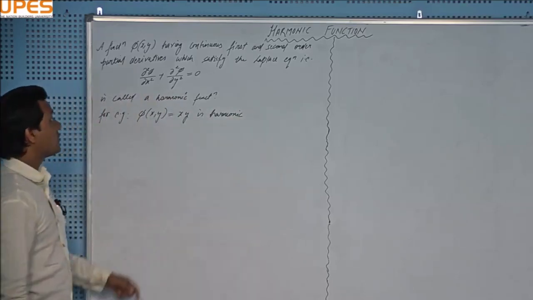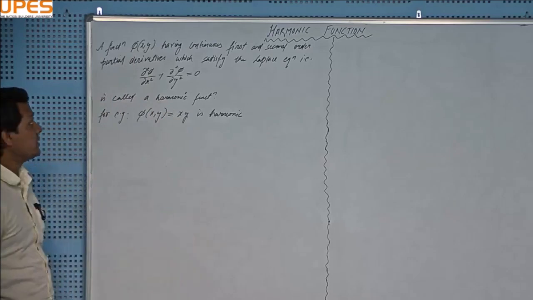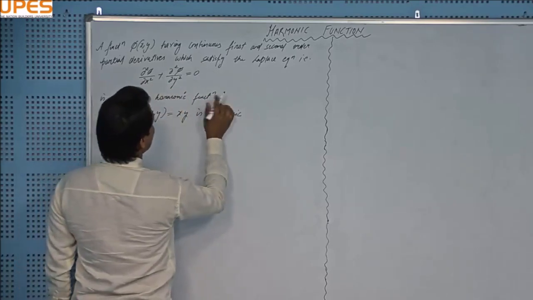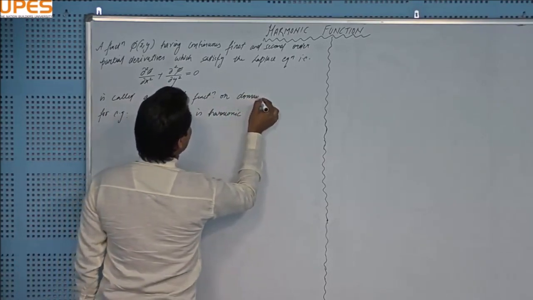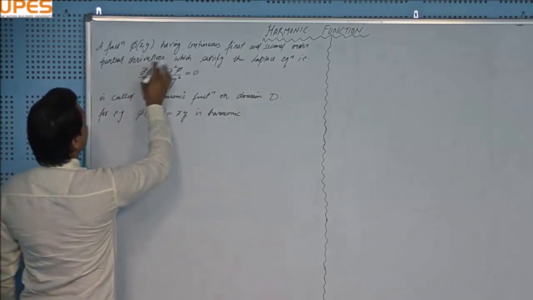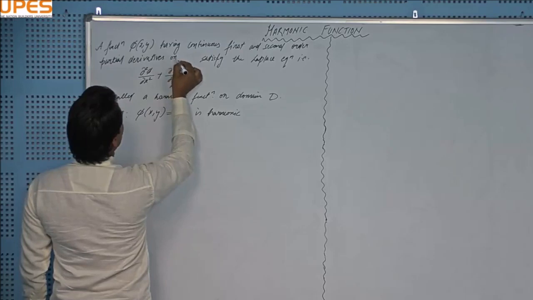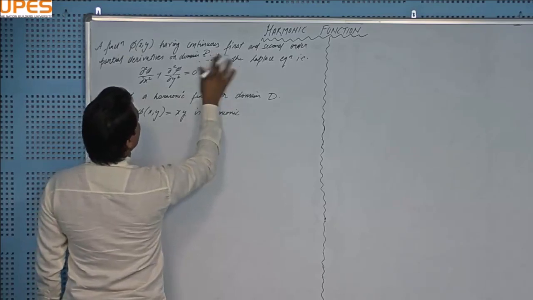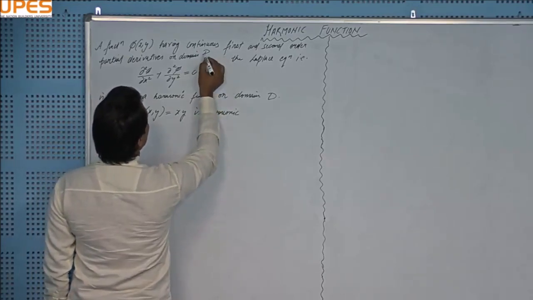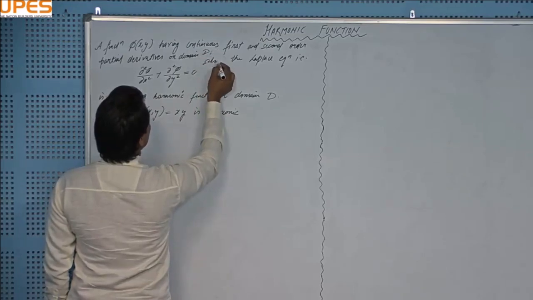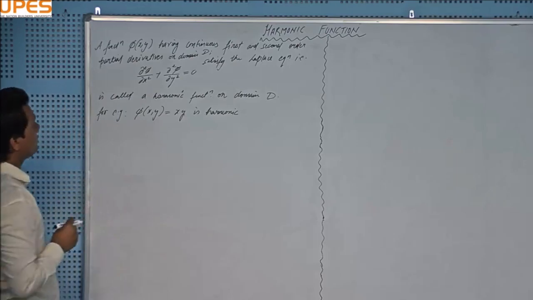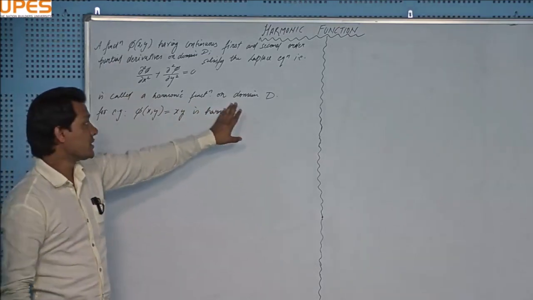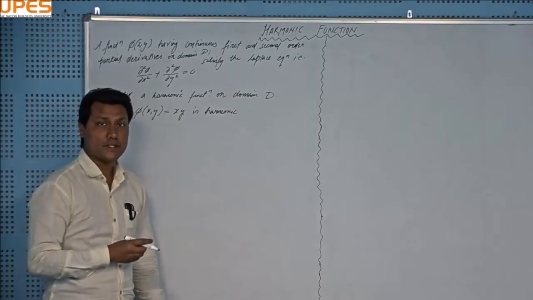And one more thing, since we are calling it a function, it should be defined over some domain D. So the function with its partial derivatives satisfying this is called a harmonic function on domain D. Since it is a function, you need some domain D, and by saying domain D, it should be an open set.